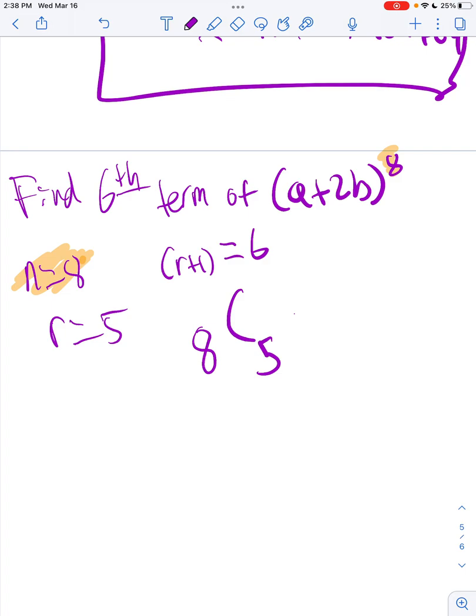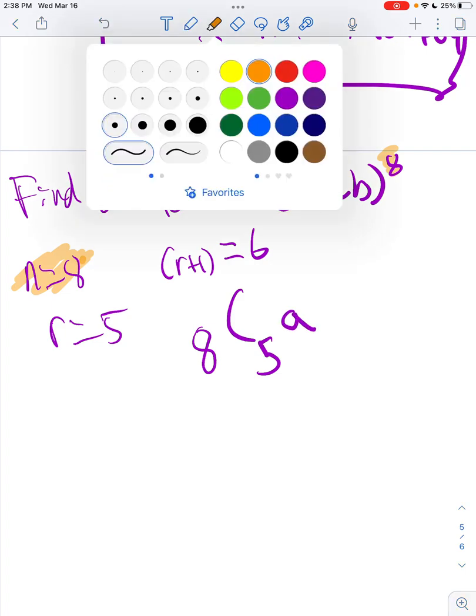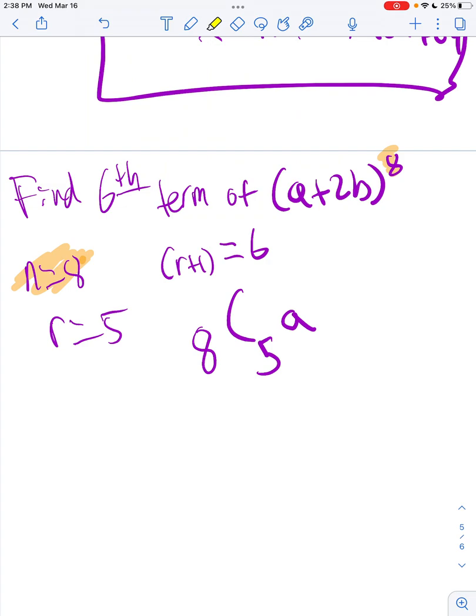So if we were to write it out, how we've looked at it, we have 8 choose 5, and then whatever my first term is, which in this case is a. Remember, my exponents always have to add up to 8, so this is 8 minus 5, and then my second term is 2b, and that's going to be to the 5, because this was 3.